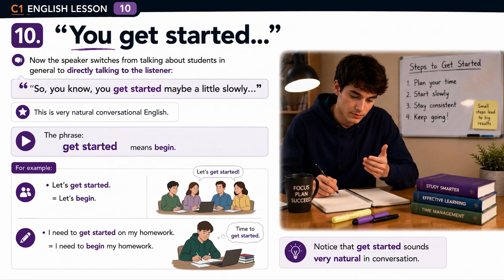Also notice a little slowly. The speaker uses a little to soften the idea. He works slowly. He works a little slowly. The second one sounds softer. When you don't want to irritate your audience or your friend or whoever it is, you can use a little.